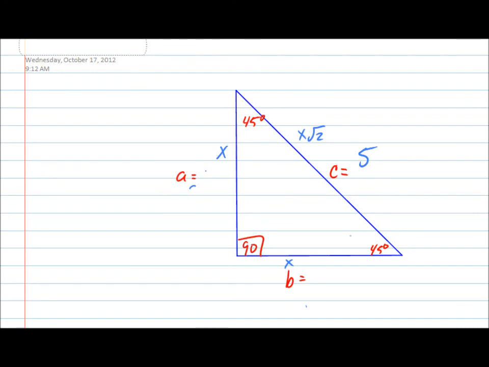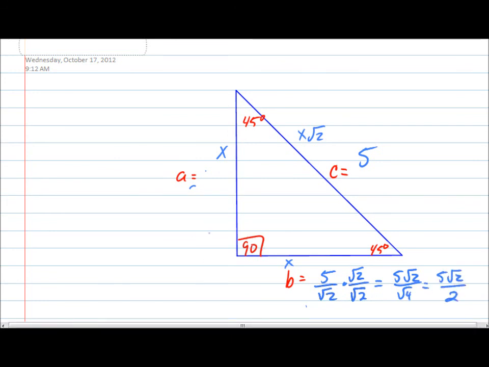Okay, so we're going to divide 5 by the square root of 2. Multiply the top and the bottom by the square root of 2, and then we get 5 root 2 over the square root of 4, which is really 2, so we have 5 root 2 over 2. And if B is 5 root 2 over 2, then A is also 5 root 2 over 2.